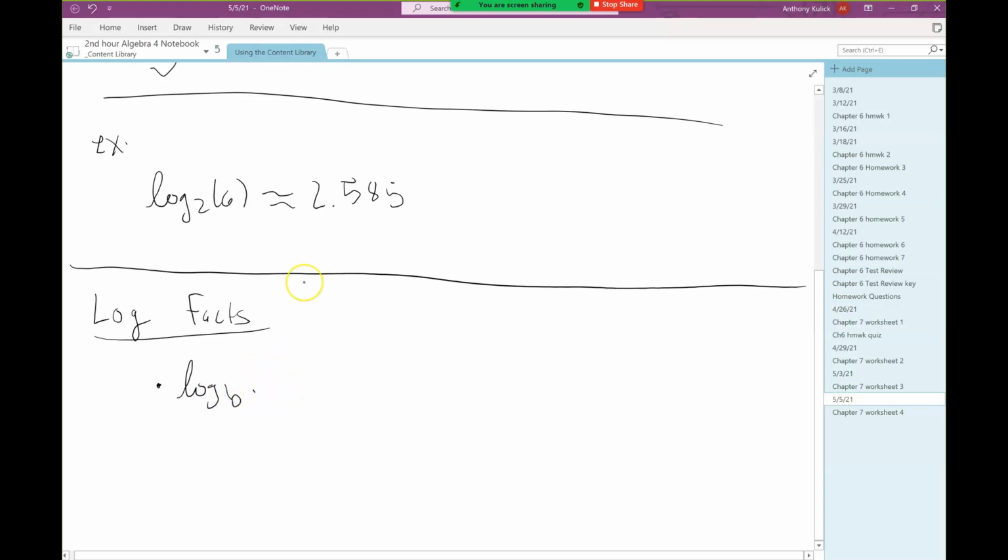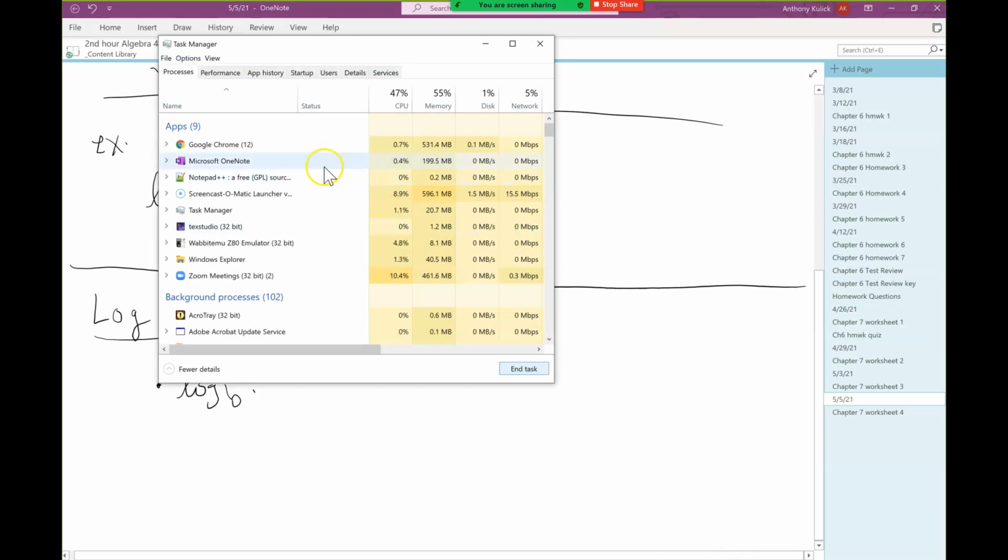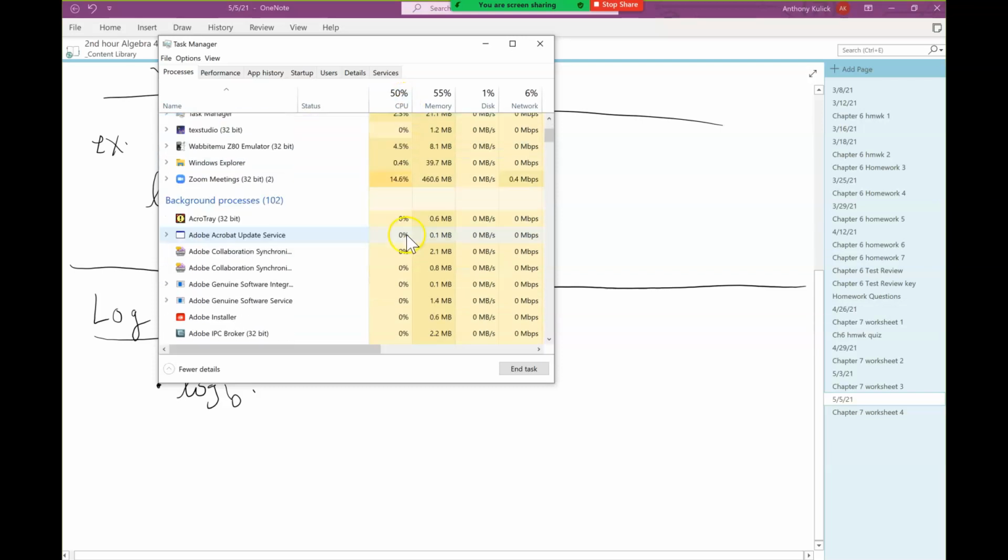No. Why? What are we supposed to do here? This is so bad right now. Where are all the resources? Why is all this stuff freezing? I'm not even using 50% of the CPU.